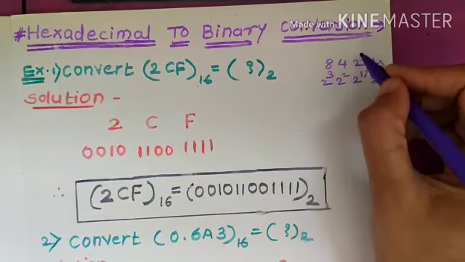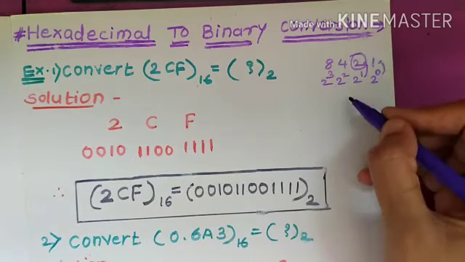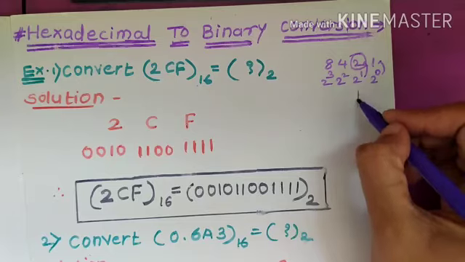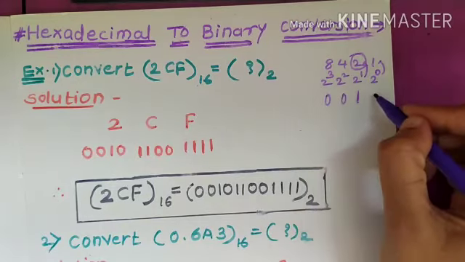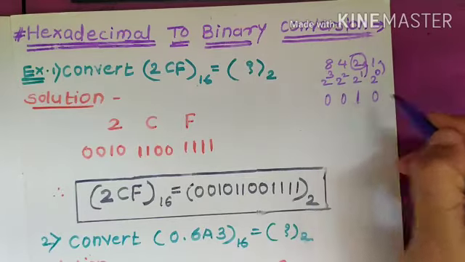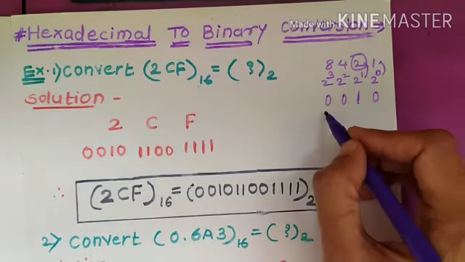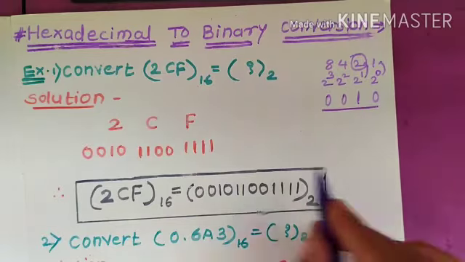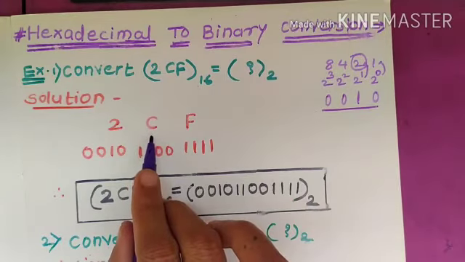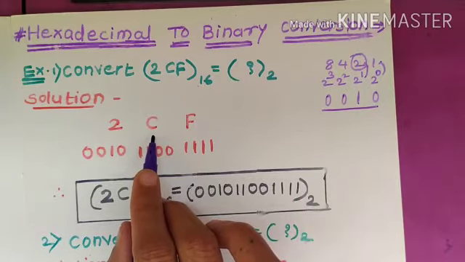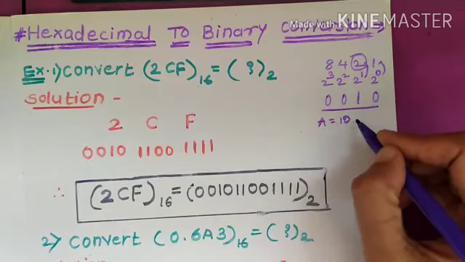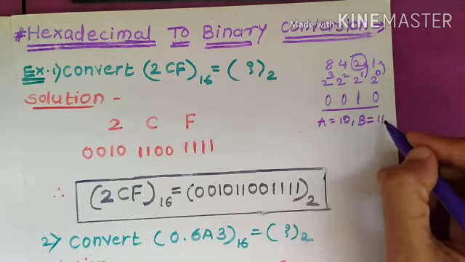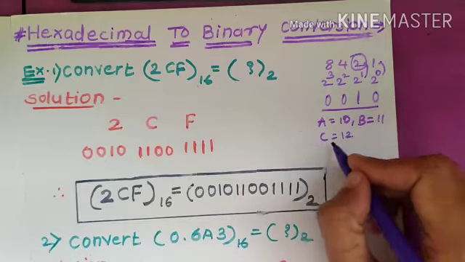we can write, if we have to write the number 2, then only write 1 below digit 2 and the remaining digits are represented with 0. So we'll get this for 2. In a similar way, what about C? C is nothing but, as we know that A is equal to 10, B is equal to 11, so C is equal to 12.